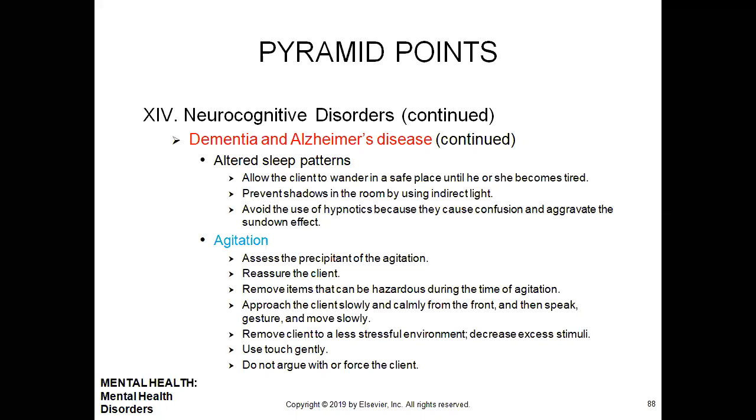But keep in mind donepezil has side effects. The side effects include GI upset or bradycardia. It is very important, you have to know donepezil should be administered once daily at bedtime.